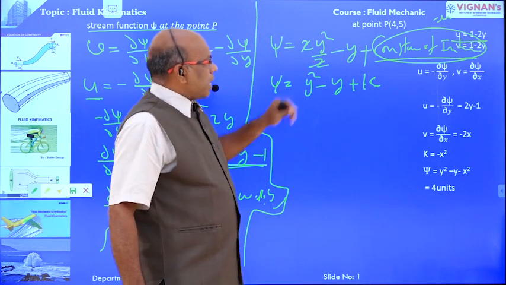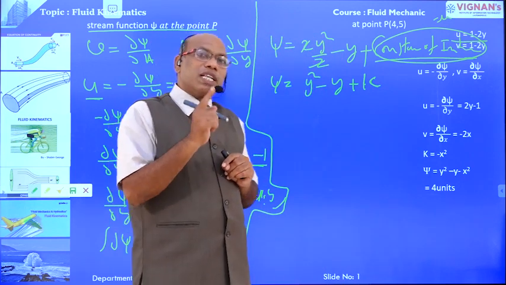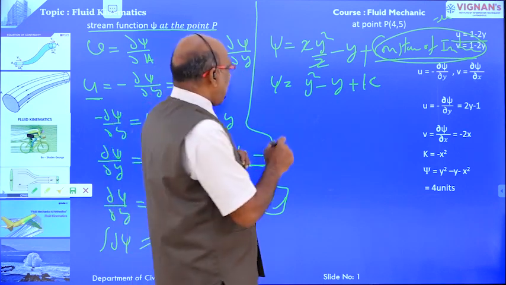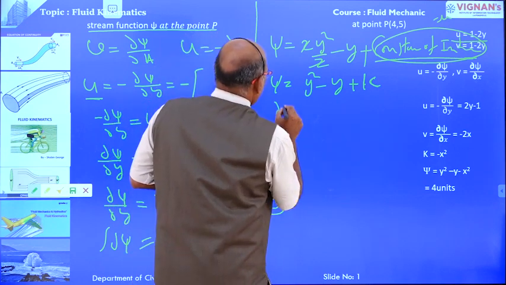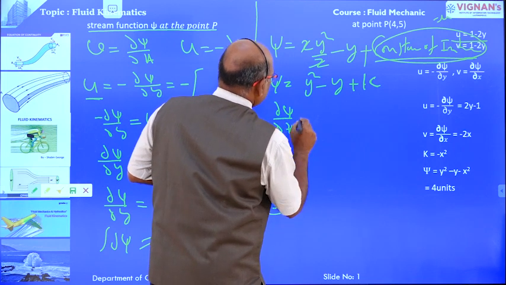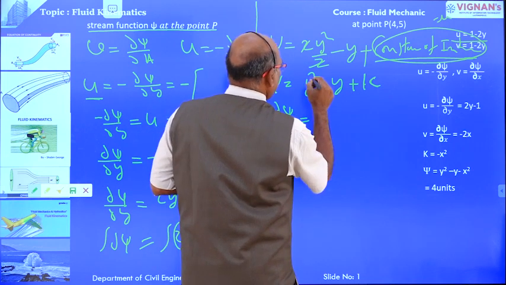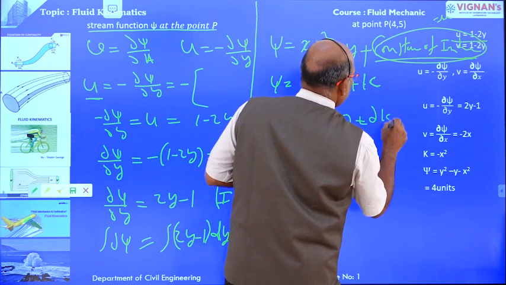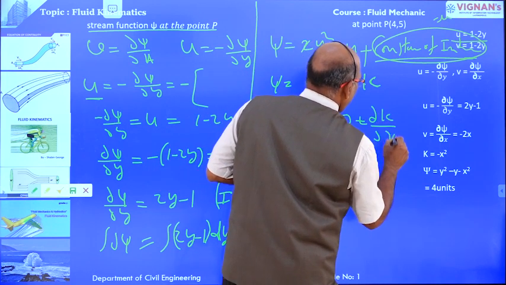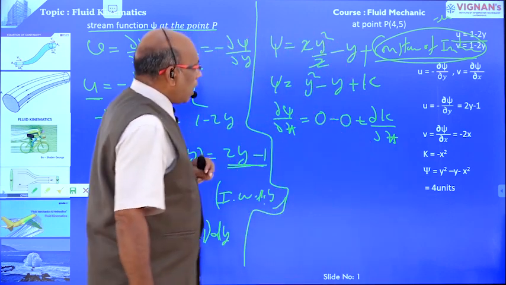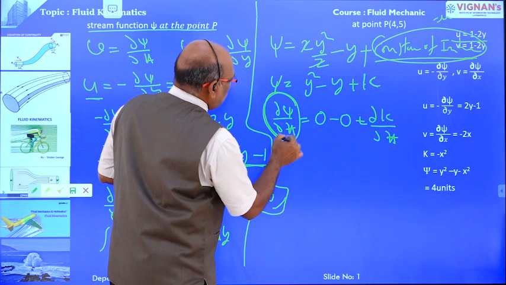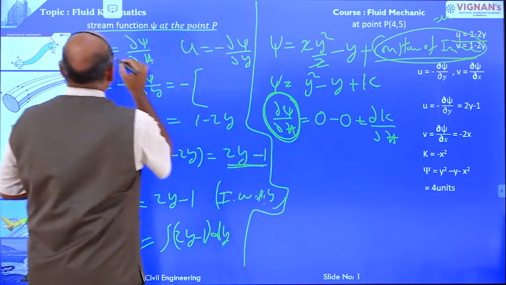Now this equation, differentiate with respect to x. Therefore, ∂ψ/∂x is equal to differentiate with respect to x: 0 minus 0 plus ∂k/∂x. Right. Already we know ∂ψ/∂x is equal to what?